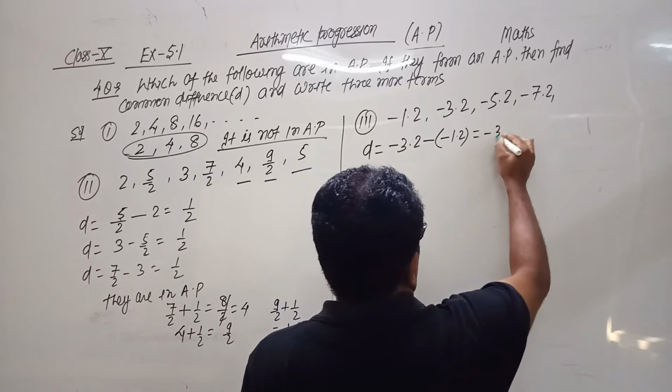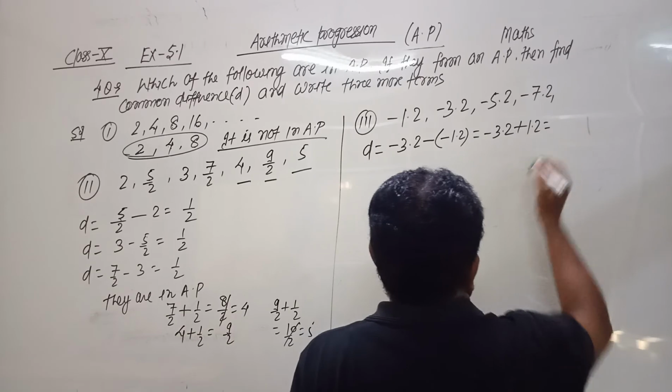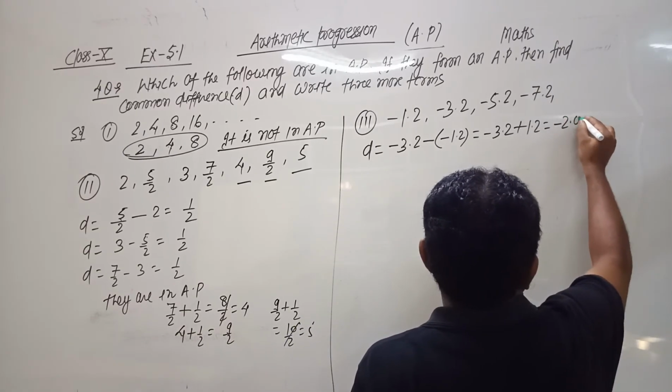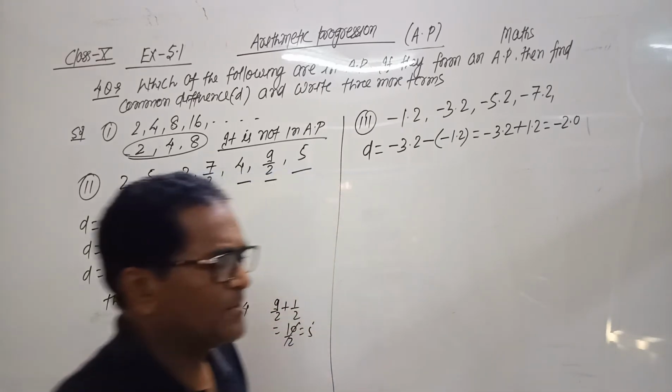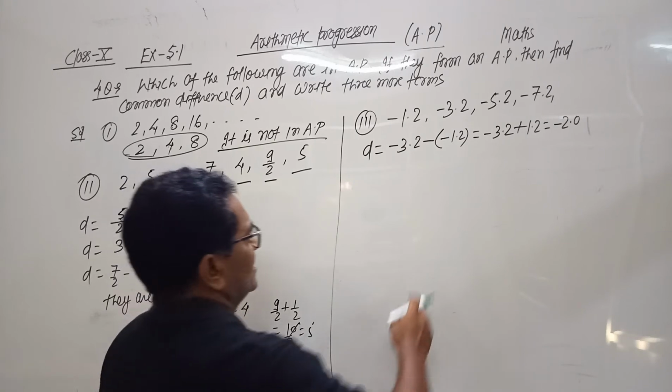So minus 3.2 minus minus 1.2 is minus 3.2 plus 1.2, and we get minus 2.0.